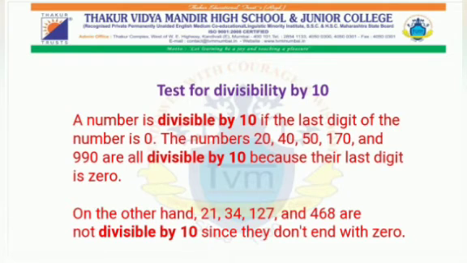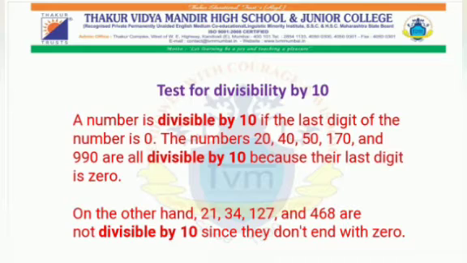Let us check the test for divisibility by 10. A number is divisible by 10 if the last digit of the number is 0. The numbers like 20, 40, 50, 170 and 990 are all divisible by 10 because the last digit is 0.